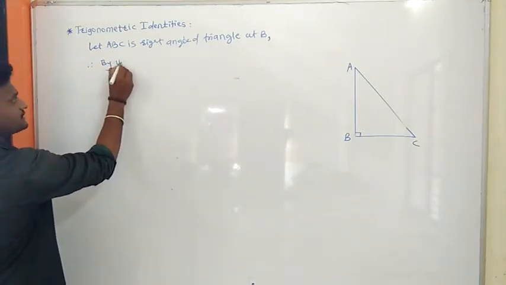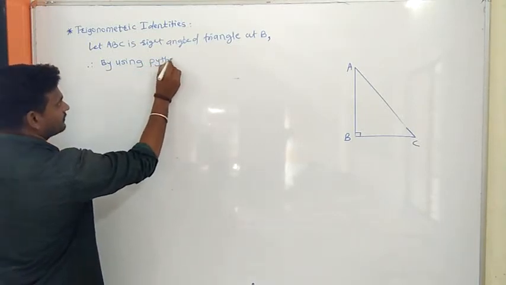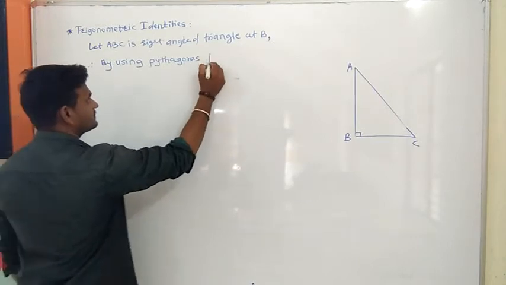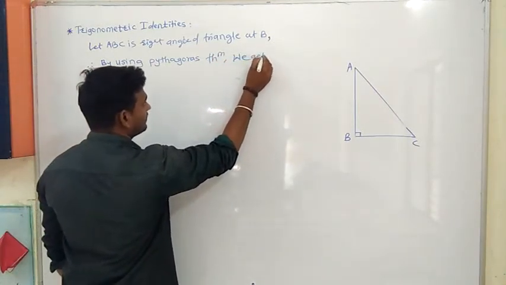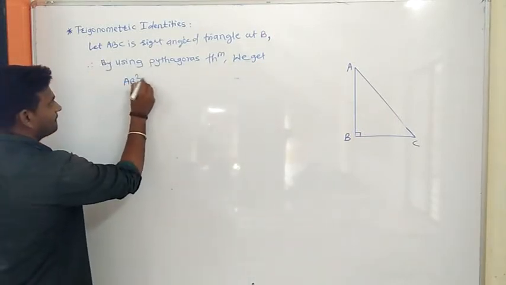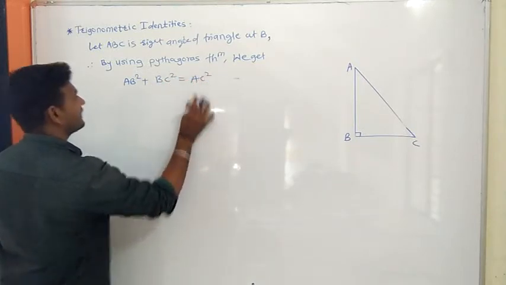Therefore, by using the Pythagoras theorem, what will we get? AB square plus BC square is equal to AC square.